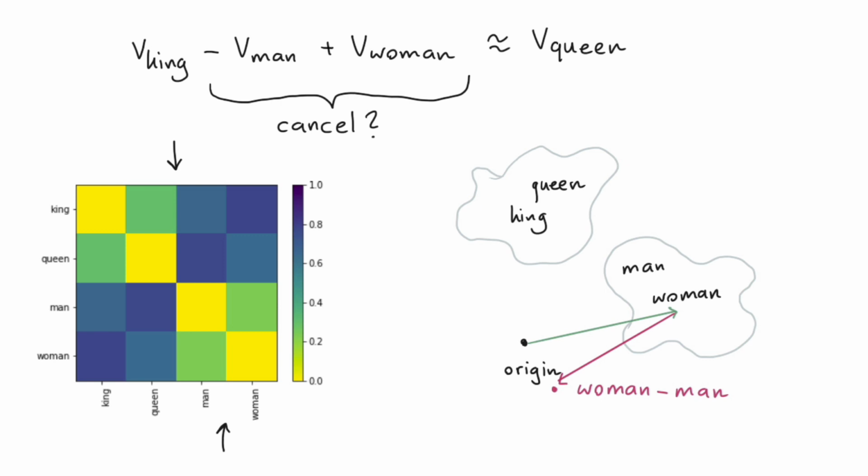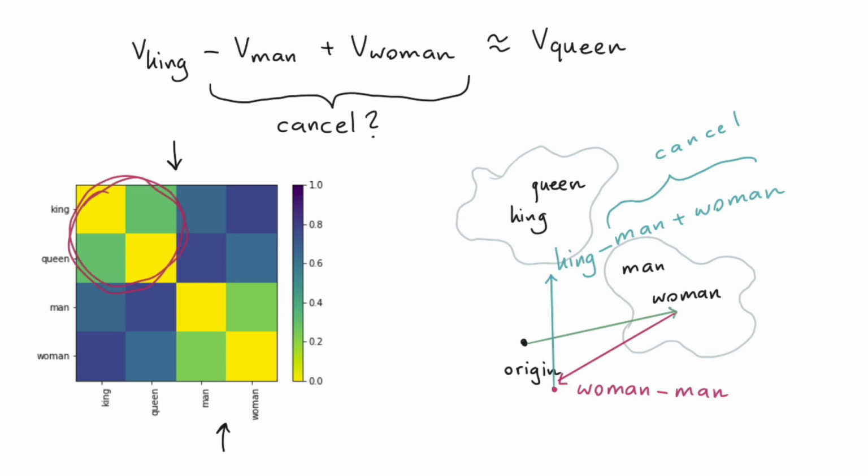If I were now to add king, then in effect, the main thing that's happening is I'm just going to go to the cluster where king is in. Since these two cancel each other out to a large extent, what I'm probably just doing is taking the vector of king, adding a little bit of noise, and lo and behold, king and queen were similar to begin with.